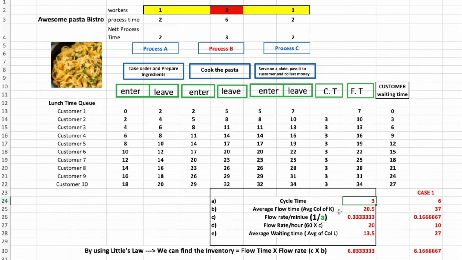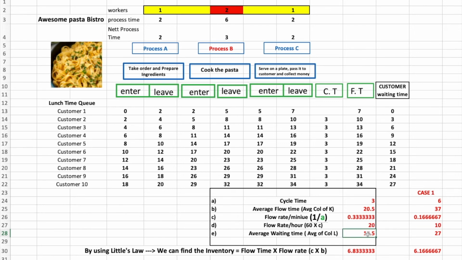And the average flow time has gone down from 37 to 20.5. Flow rate has doubled from 0.16 to 0.33, from 10 to 20 based on 1 hour. And the average waiting time also has dropped from 27 to 13.5.